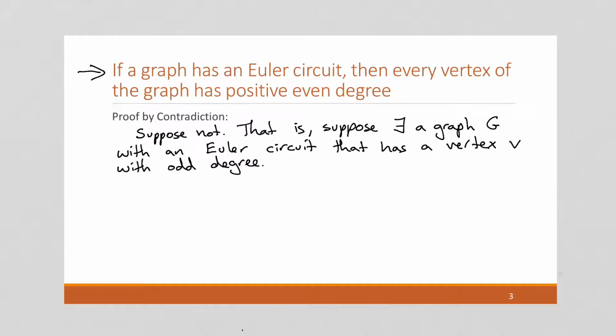Okay, so we've got some graph, and we've got our vertex V, and V is connected to the graph an odd number of times. I don't know how many that is. It could be 1, it could be 3, it could be 5, but an odd number of times.